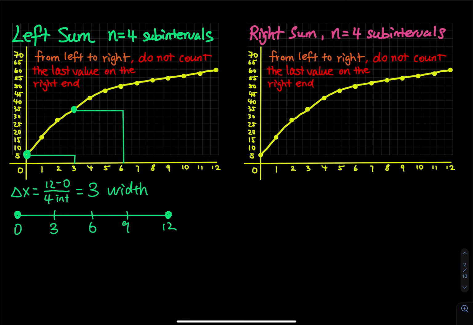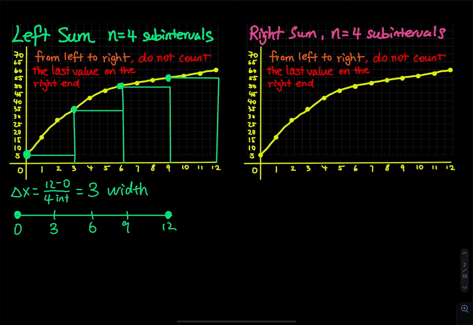And then when x is equal to 6, we have this point from 6 to 9. This is 3 units, and then we line up the line. Alright, when x is equal to 9, we have this, and then we go all the way to 12, and then we line up with the 12, and we do not consider f of 12. So we only consider 0, 3, 6, 9. We grab 4 numbers from left to right. Alright, and then we complete the rectangle.